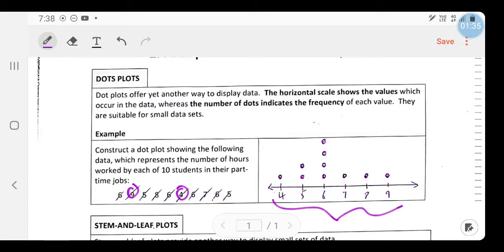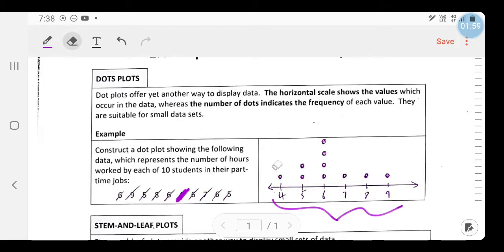And then depending on how many instances there are of that number in the list of values, in other words, depending on the frequency, you draw a certain number of dots above the number on the horizontal axis. So how many 4s are there? There's 1 4. So I'll do 1 dot here.